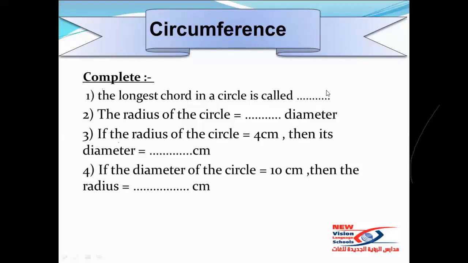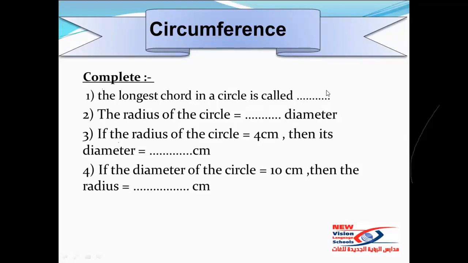Letter 3, number 3. Open your mic. Solve number 3.